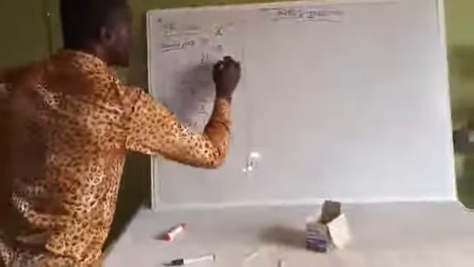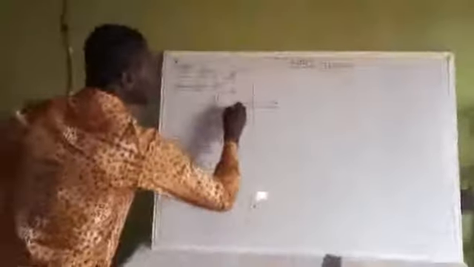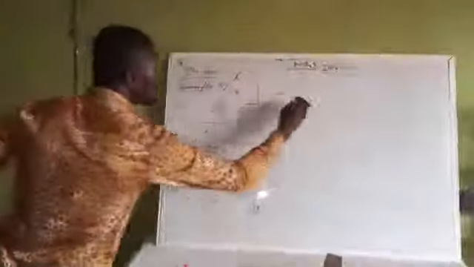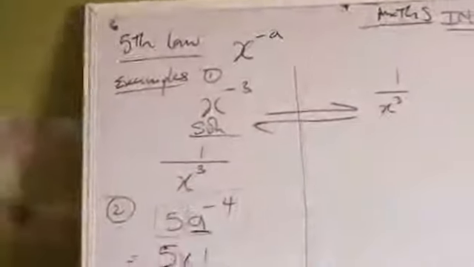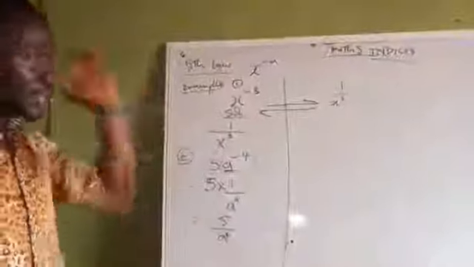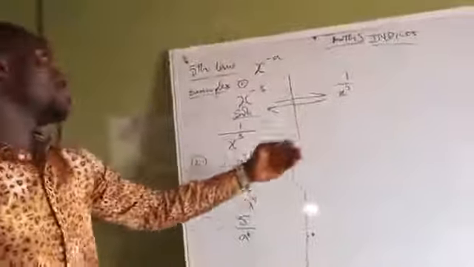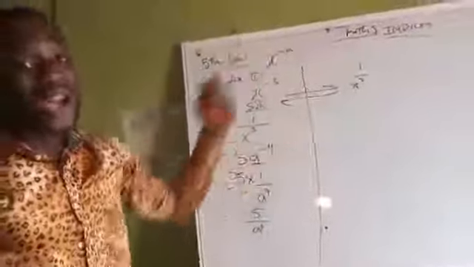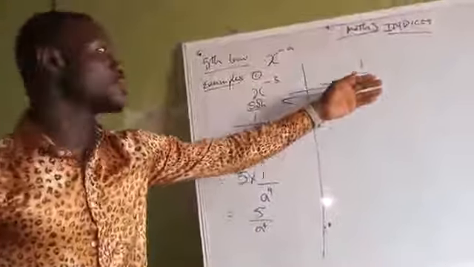Now, when you want to reverse this case, if you have 1 over x raised to power 3, and you are asked to reverse it, what is the reverse or the response of this?